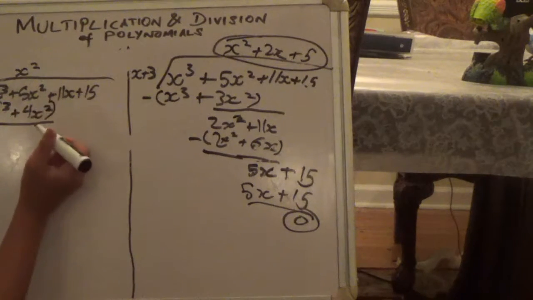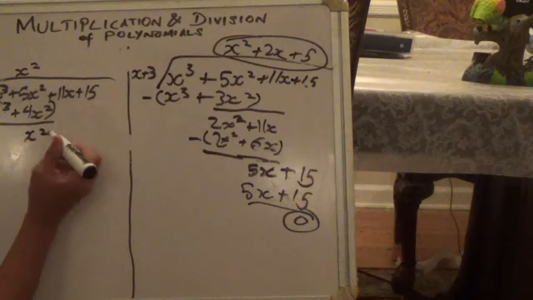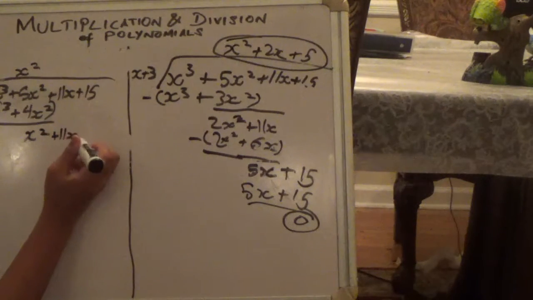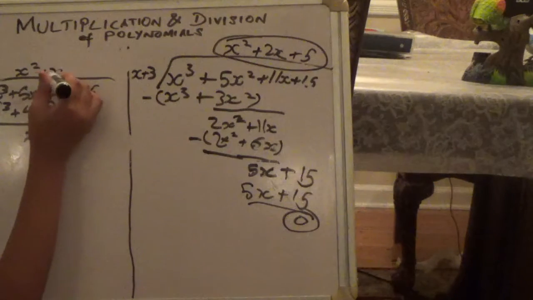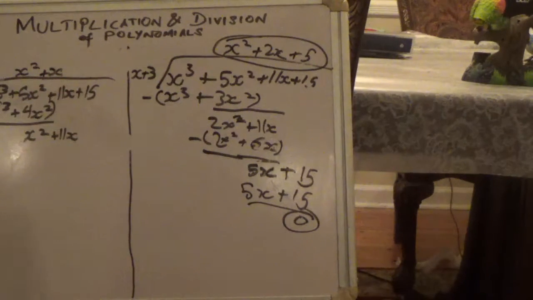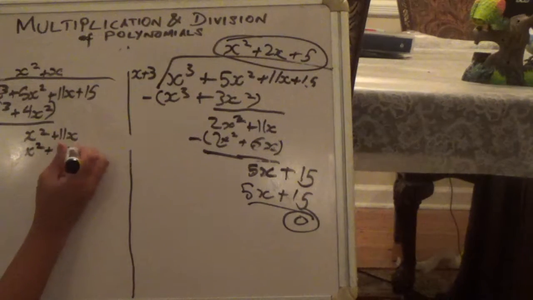Subtract the whole thing, and you get x squared plus 11x. So you multiply by x, and you get x squared plus 4x.